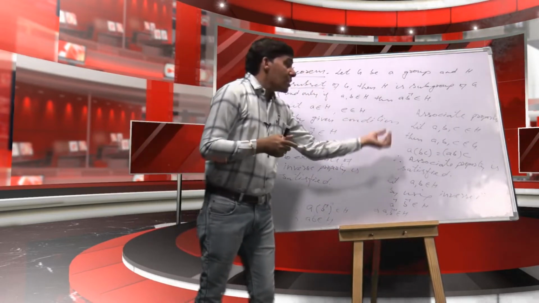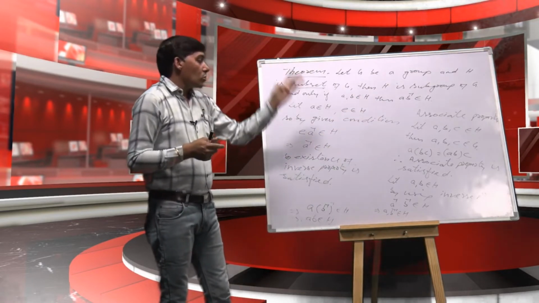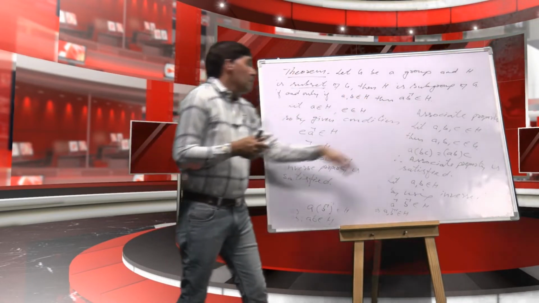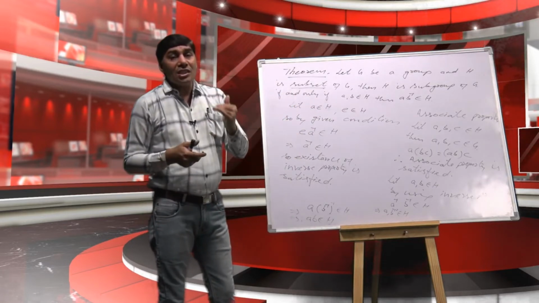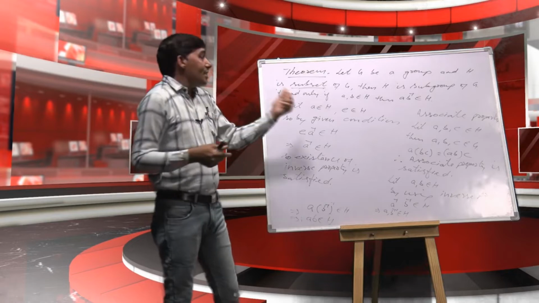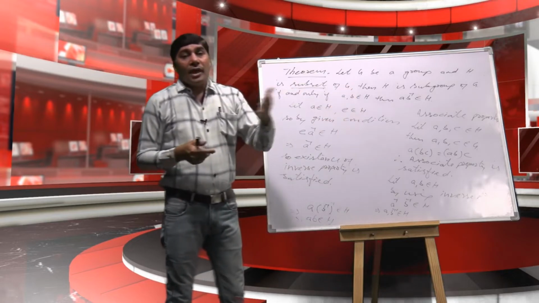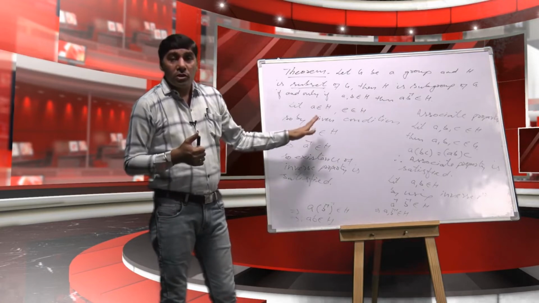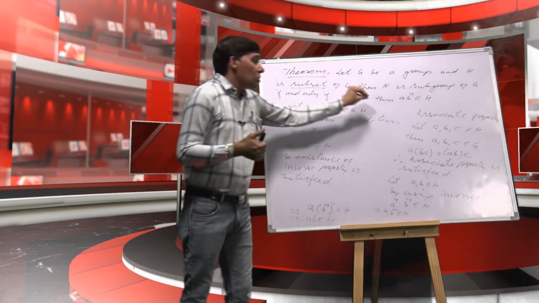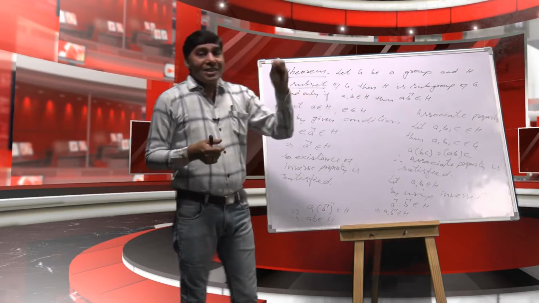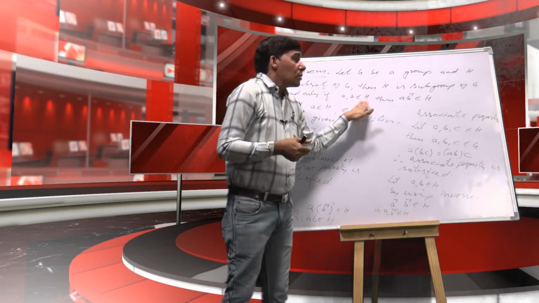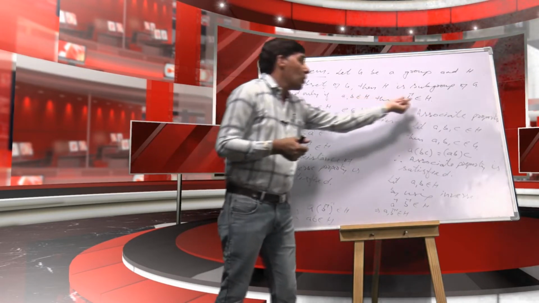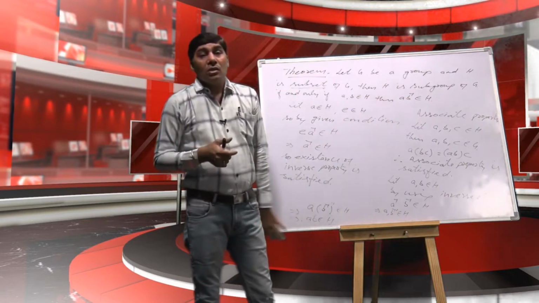So H satisfies all four properties: closure property, associative property, existence of identity, and existence of inverse. Therefore H itself is a group and it is a subset of G, so H becomes a subgroup of G. So this result shows that if G is a group and H is a subset of G, then if we take any two elements of H, the first as it is and the inverse of the second, and the product belongs to H, then H becomes a subgroup.